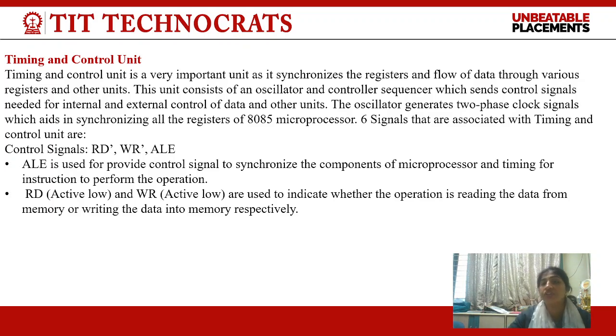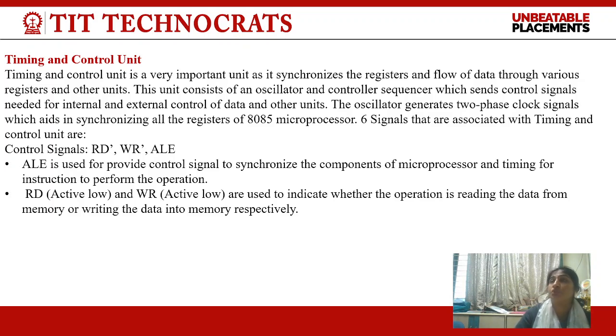The oscillator generates a two-phase clock signal which aids in synchronizing the registers of the 8085 microprocessor. The signals associated with the timing and control unit are read, write, and ALE. ALE is used because we have an 8-bit address buffer and an 8-bit multiplexed address and data bus.